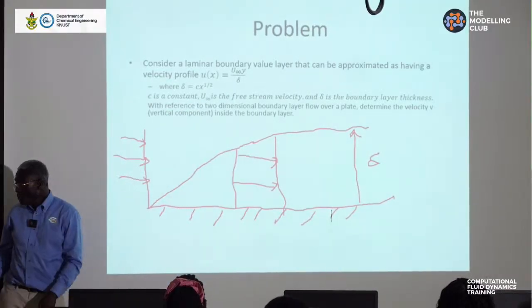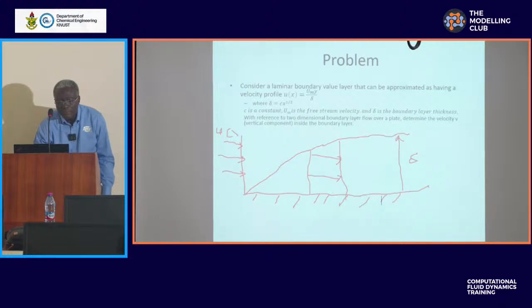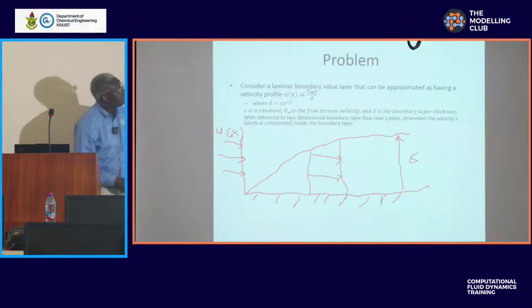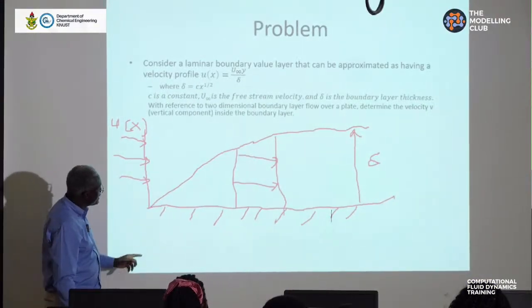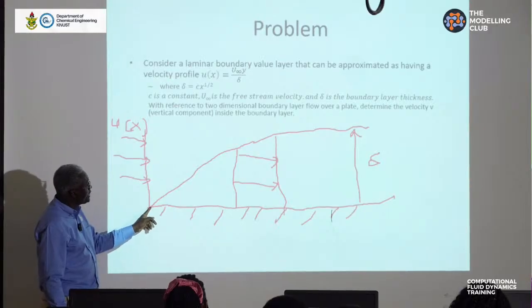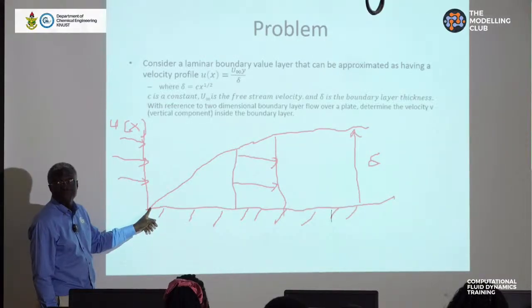The velocity u of x is this quantity which flows over the plate. Now, why am I showing that at this point the velocity is, say, 0?